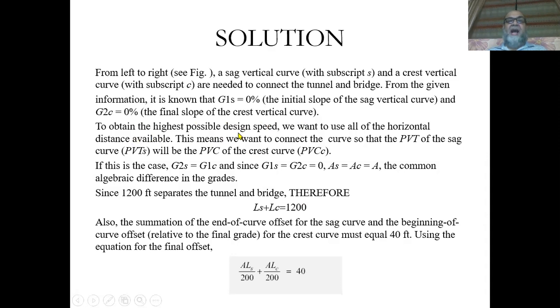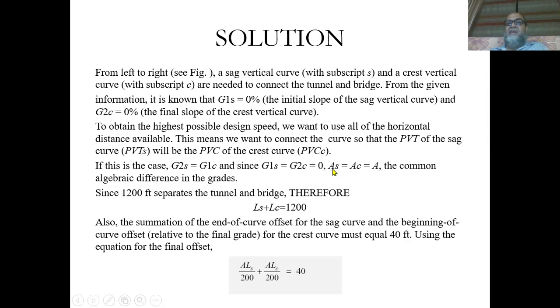To obtain the highest possible design speed, we will use all the horizontal distance available. So this means that we want to connect the curves so that the PVT of the sag curve will be the PVC of the crest curve. So if this is the case, G2S is simply G1C, and G1S and G2C are 0.